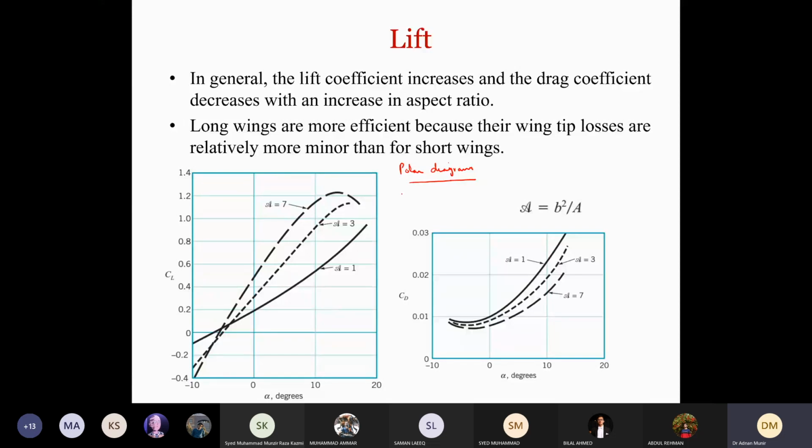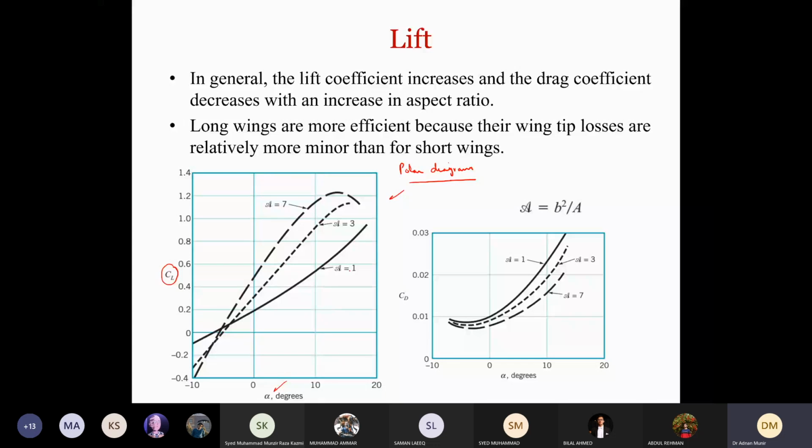On the y-axis we have the lift coefficient, and on the x-axis we have the angle of attack, right? Now you can see three different graphs here.